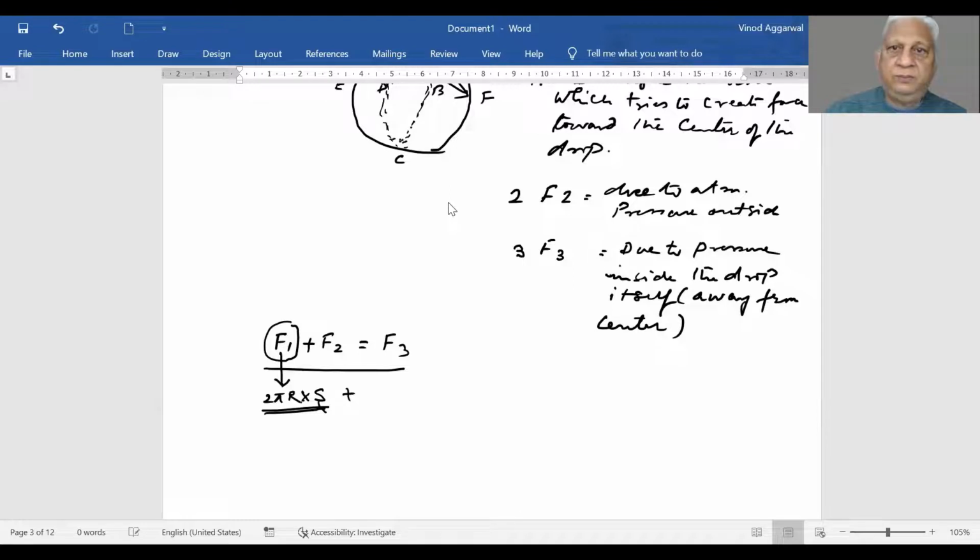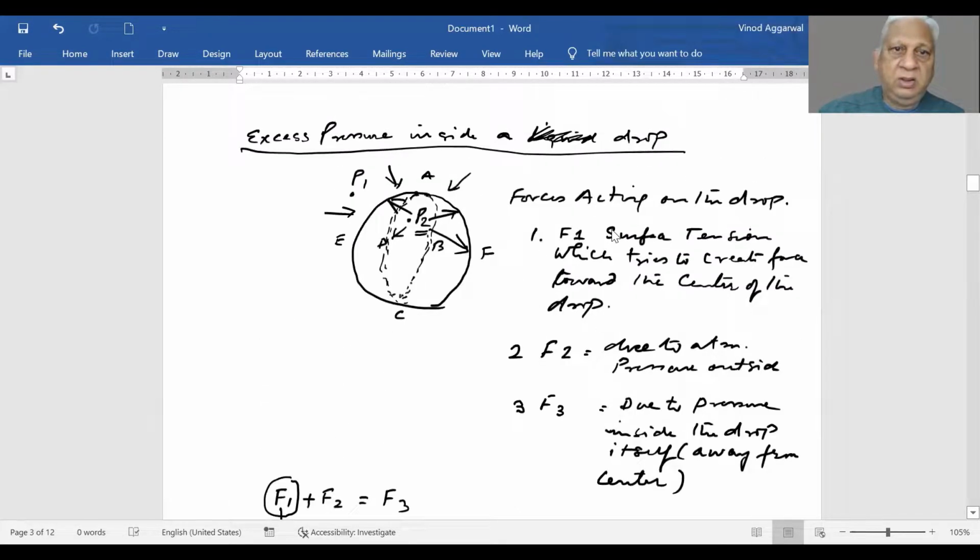And what is F2? F2 is due to pressure outside. Let's say we have pressure P1 and the area on which it acts is the area of this complete drop. And what is the area?